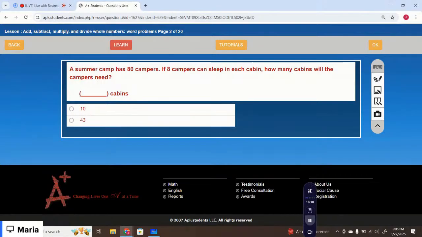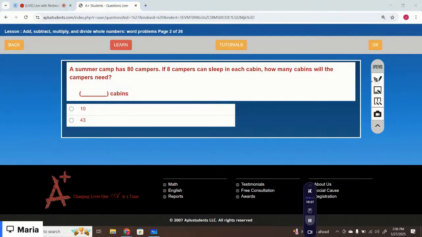Here we go. A summer camp has 80 campers. If 8 campers can sleep in each cabin, how many cabins will the campers need? So the total campers are 80, and in each cabin 8 campers can sleep.